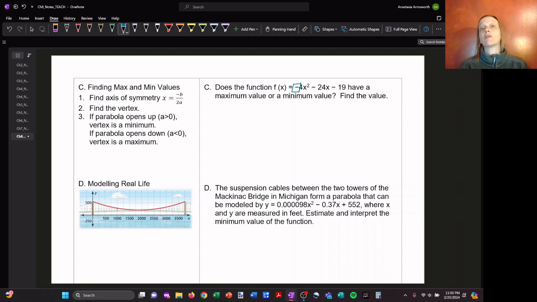That is going to let us know whether the parabola opens upward or downward. So because my a is negative in this example, this parabola opens downwards. And because the parabola opens downward, my parabola has a max value.